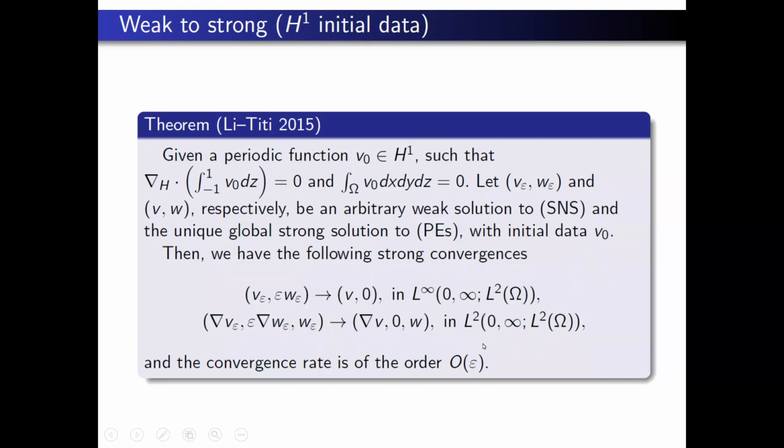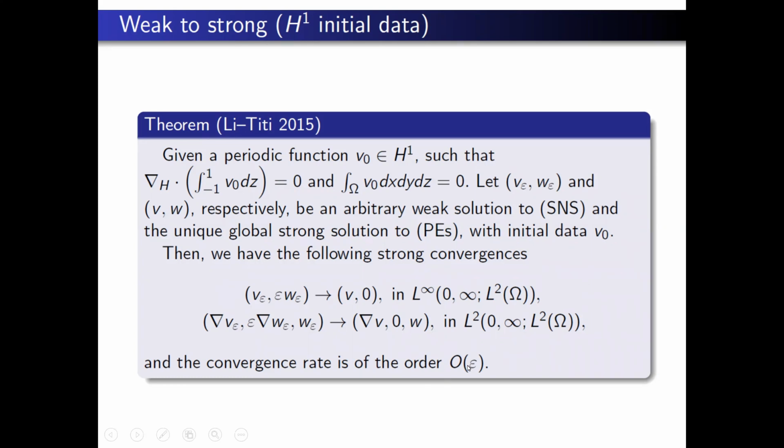In other words, if you have a strong solution for the primitive equation, and you take any weak solution with the same initial data, there is a sort of tube in these topologies around the primitive equation solution, and all the weak solutions of the Navier-Stokes equation emerging from the same initial data must lie in this tube.